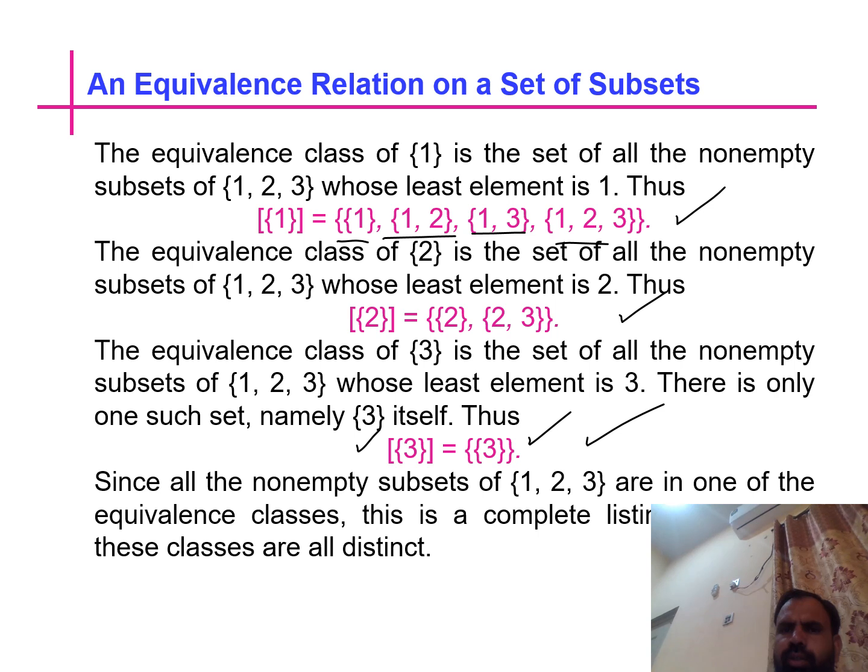The equivalence class of 3 is the set of all non-empty subsets of {1, 2, 3} whose least element is 3. There is only one such set, namely {3} itself. Since all the non-empty subsets of {1, 2, 3} are in one of the equivalence classes, this is complete.